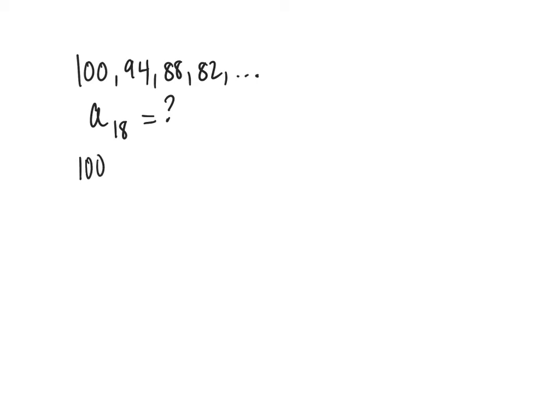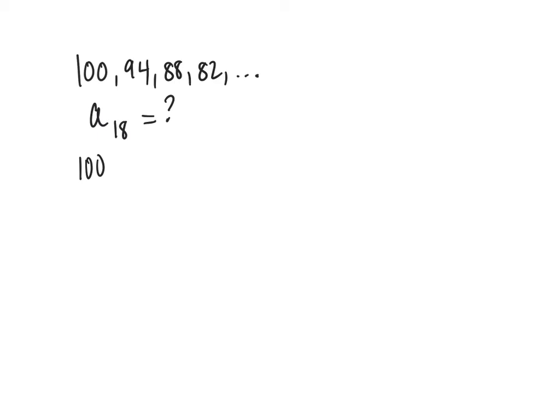So here is another example. If I had a sequence that started at 100 and was decreasing by 6, and I asked you for the 18th term, then I would write it like this.